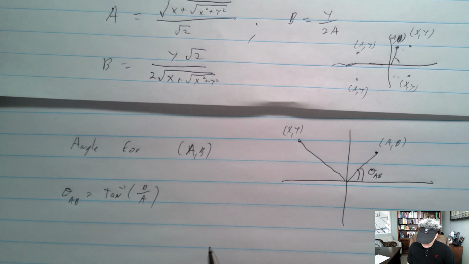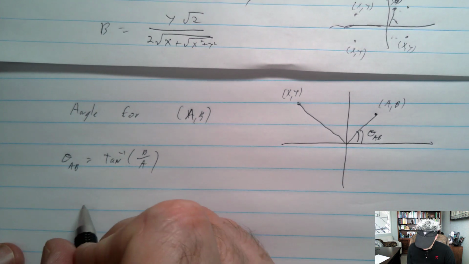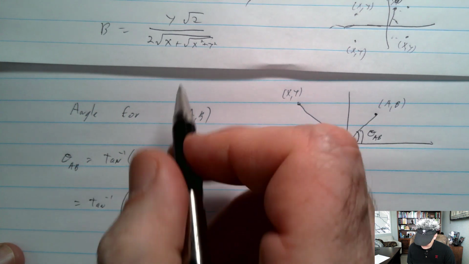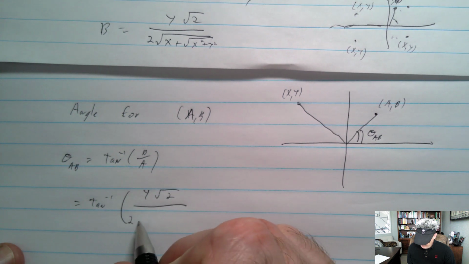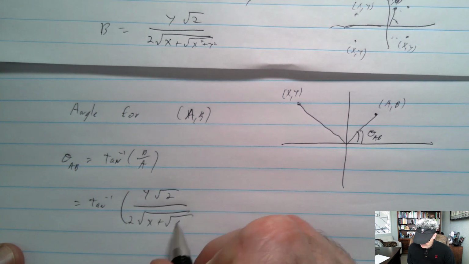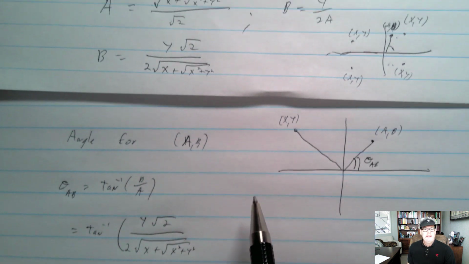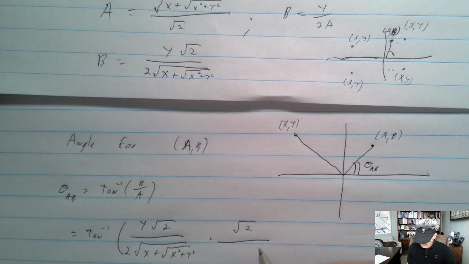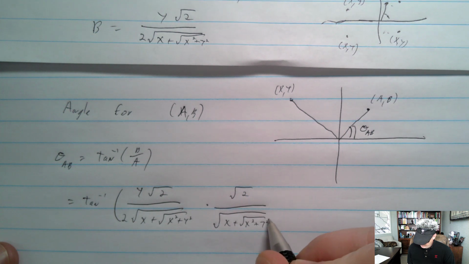And in terms of X and Y, this will be arctan of B, y root 2 over 2 square root of x plus square root of x squared plus y squared, divided by A. We'll flip and multiply here: root 2 over the same thing, x plus square root of x squared plus y squared.